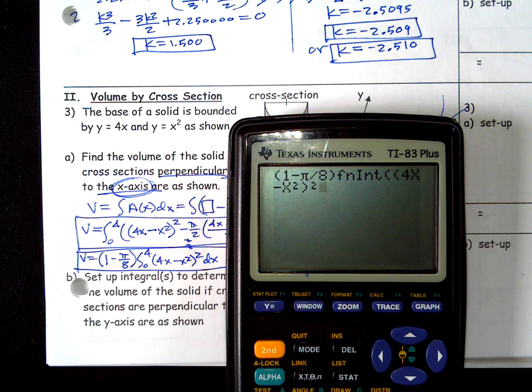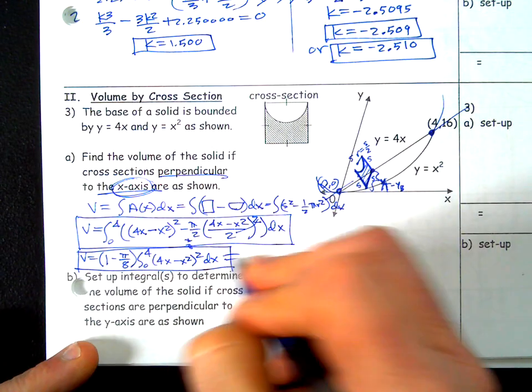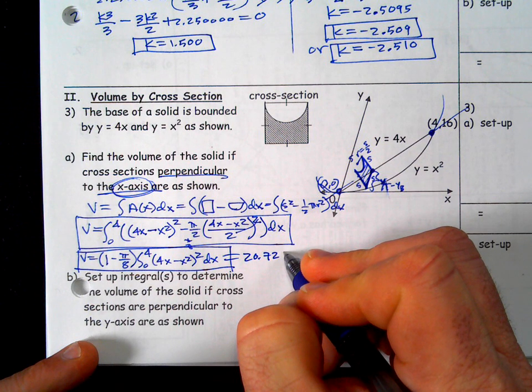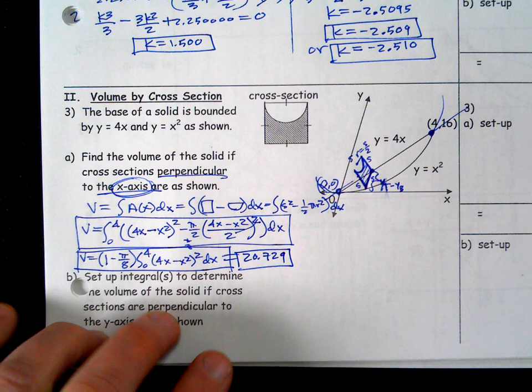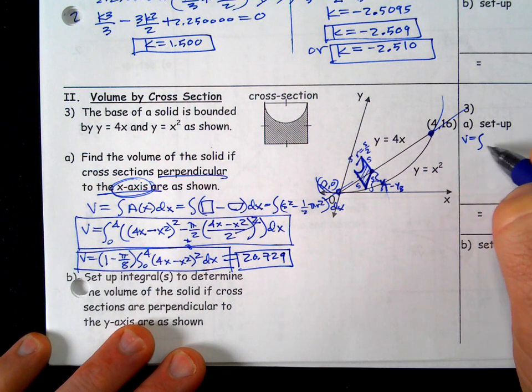Don't forget that. Comma x, comma 0, comma 4. And our answer is 20.729. Rounded or truncated, it's the same this time. So the setup is all this stuff that you would put.